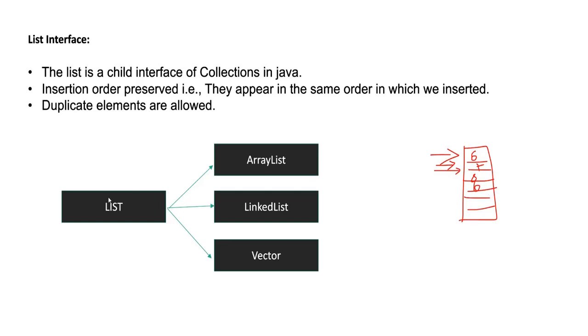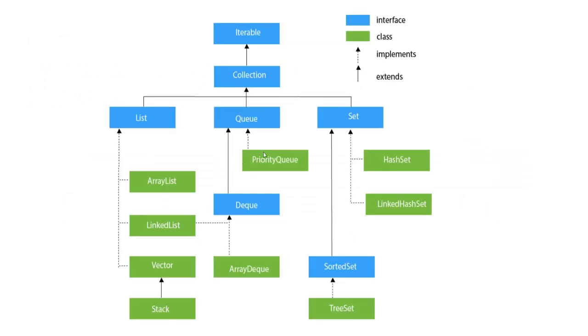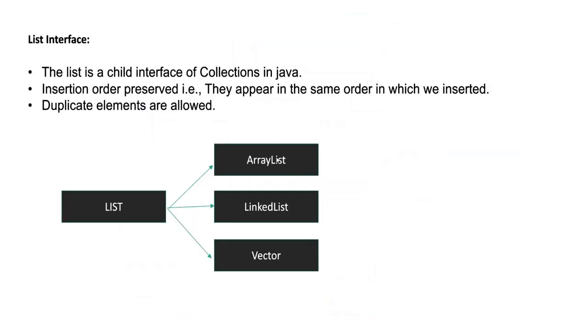The List interface has different classes. If you see here, these are the different classes that we have. Vector is extending Stack, but that is a different thing. The three different classes we have are ArrayList, LinkedList, and Vector.